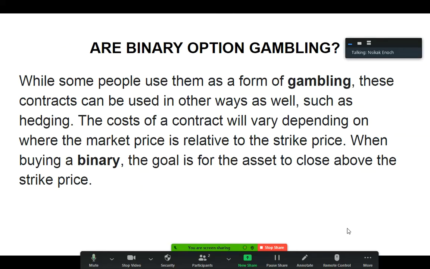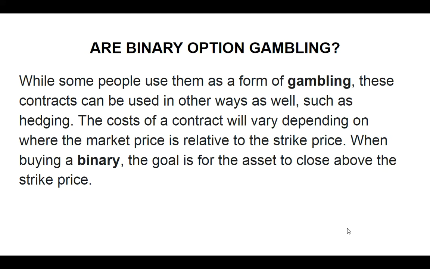Binary option gambling. Some of us are asking this question: is it gambling? Let me tell you, when it comes to binary options, there are some binary option brokers that use their platform as gambling. Even though one of the binary option brokers I like using most is IQ Option, I usually ask IQ Option, is your platform a gambling platform?